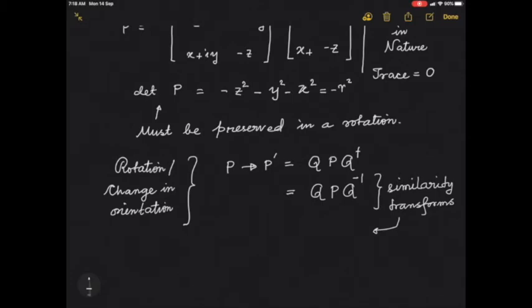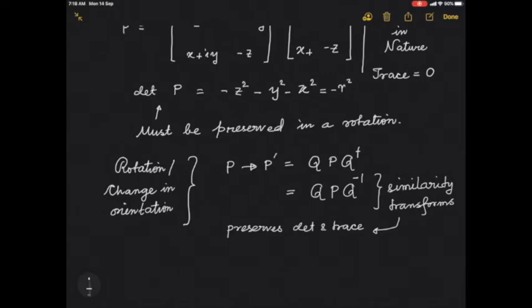Eigenvalues, if I can make P diagonal, then the eigenvalues are the diagonal elements, and the determinant is the multiplication of those diagonal elements. Similarity transformation preserves determinant and trace, right?